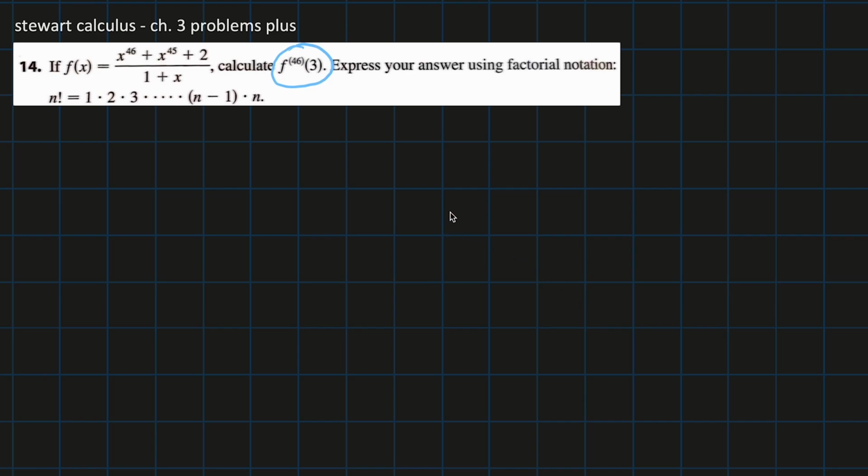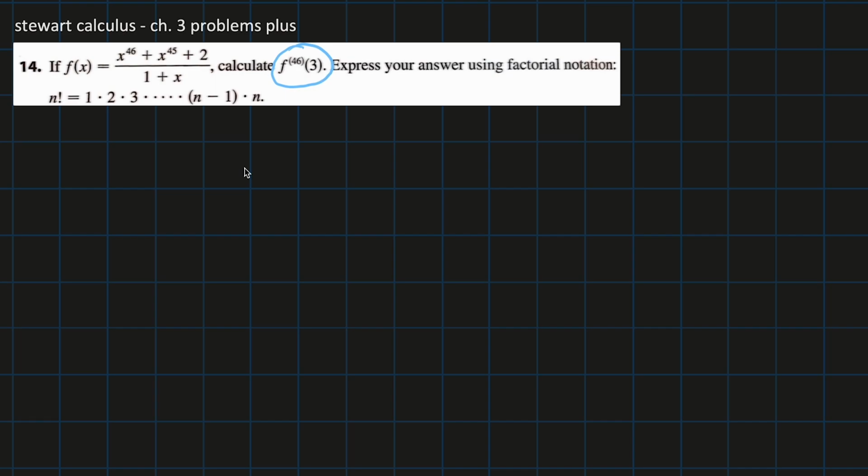But our main goal here is to find the 46th derivative of this expression. Now to clarify what 46th derivative even means, when we take the derivative of f of x for the first time, that's called the first derivative. If we take the derivative of the first derivative, that becomes your second derivative. If we differentiate the second derivative, that becomes our third derivative.